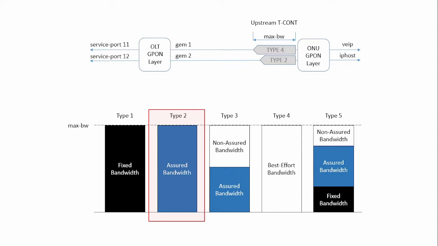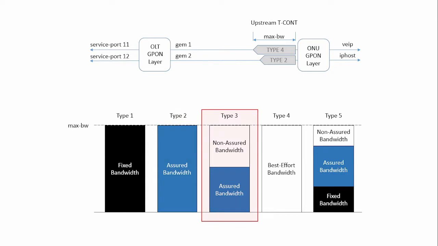Type 2 is used to allocate assured bandwidth for a service. The difference from Type 1 is that when the service is not consuming the available bandwidth, it can be allocated to another service.